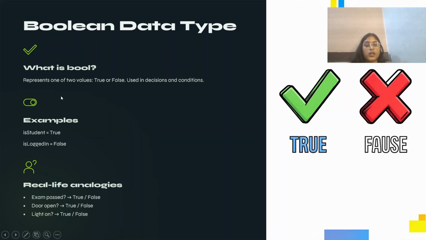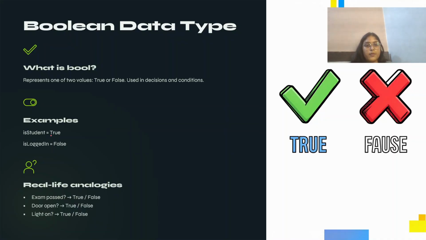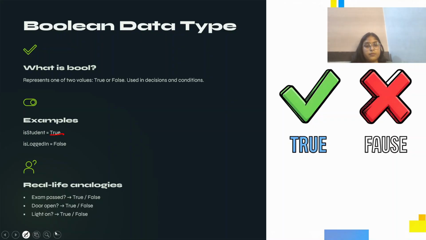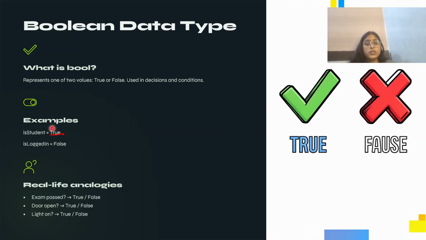So since it's a keyword, the first letter of True should always be capital, and the first letter of False should always be capital.